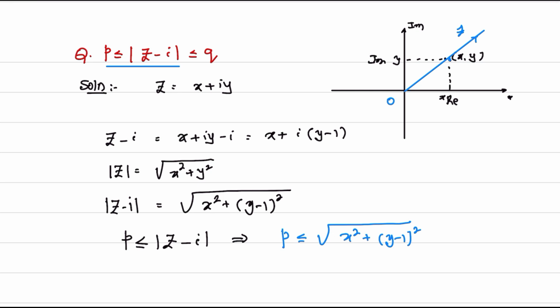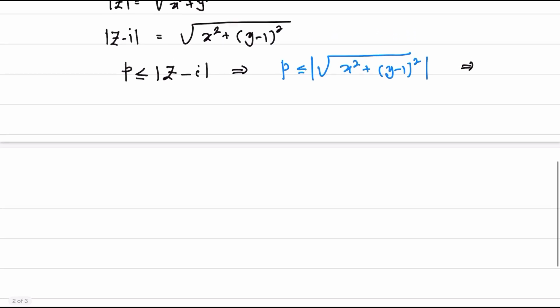When you square it on both sides, p square is less than or equal to x square plus y minus 1 whole square.